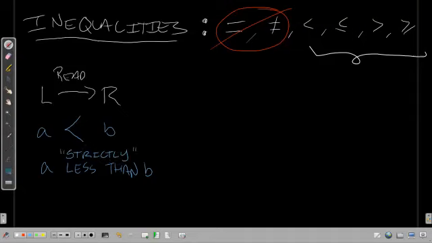A is strictly less than B. Under no circumstances could A ever be the same as B. It's strictly less than B. Here's your number line. There's B, and A has got to be down here with this clear space between them. A is strictly less than B.